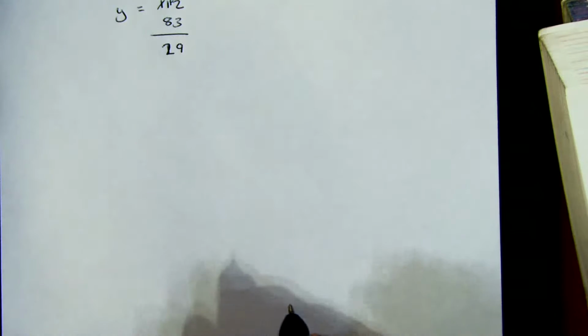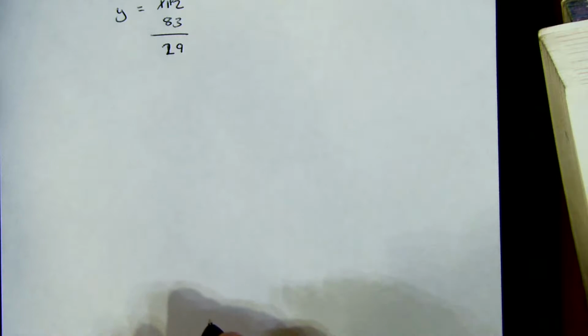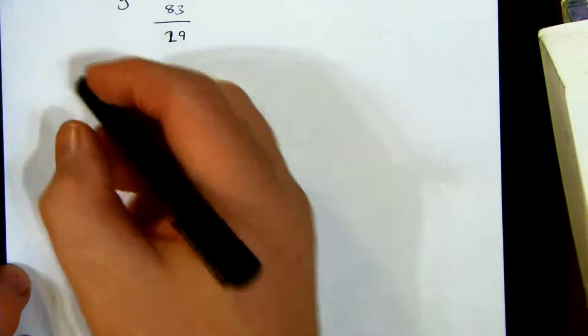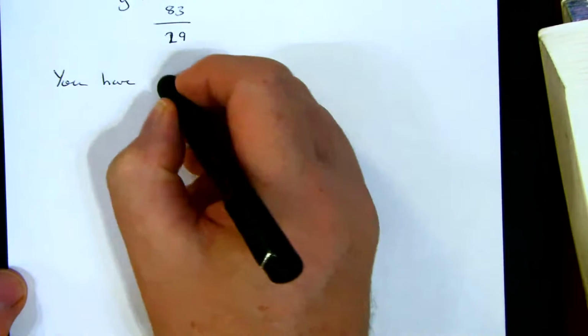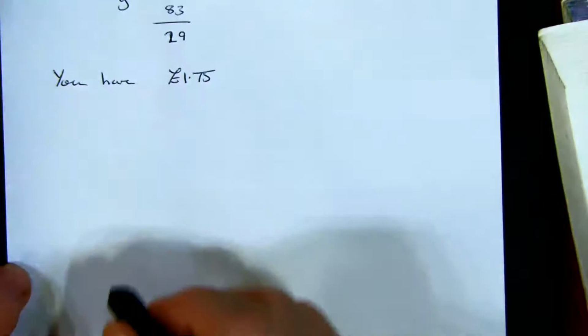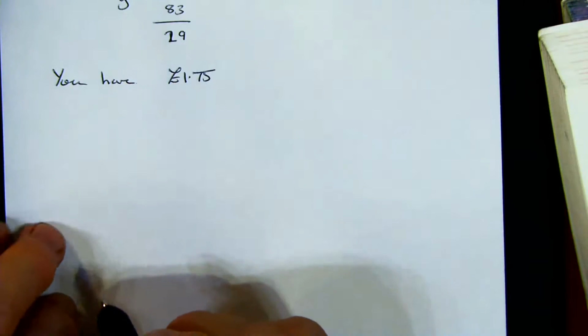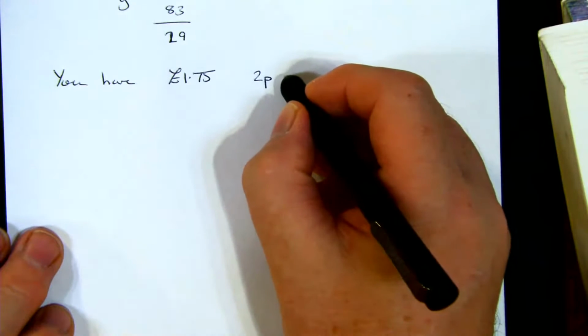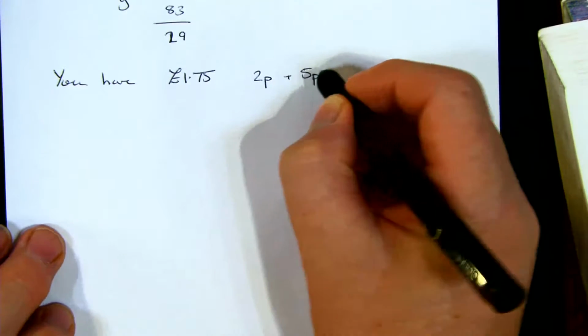So let's suppose we've got one where you have got £1.75 in your pocket, and it's made up from 2p coins and 5p coins.